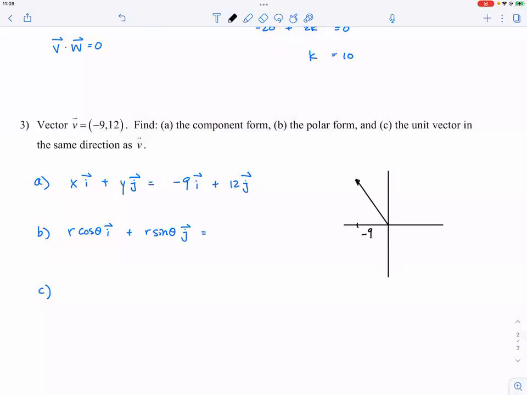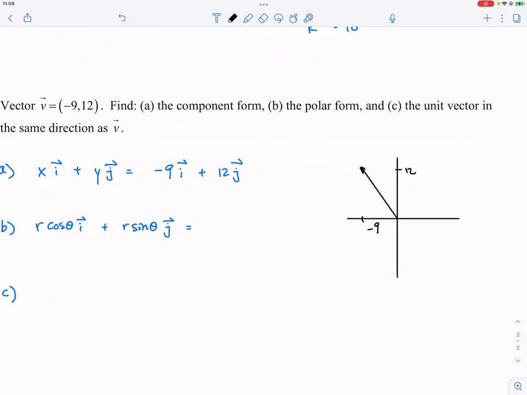This is -9, this is 12. So can you find the magnitude here without a calculator? If this is 9, this is 12, the hypotenuse must be 15, because it is a 3, 4, 5 triangle multiplied by 5.